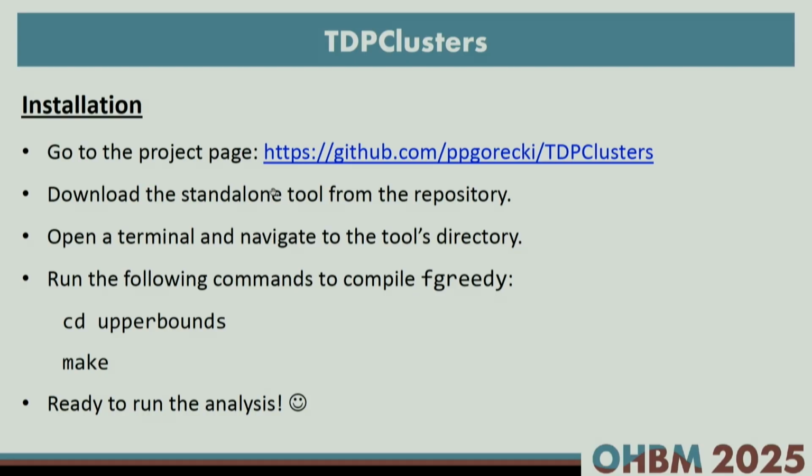After downloading this standalone tool, you will need to open the terminal and navigate to the tools directory, and then run the following commands. The first line is to navigate to the upper bound subfolder, and then you need to run make to compile this f3d function. Then you're ready to run the analysis using TDP clusters.